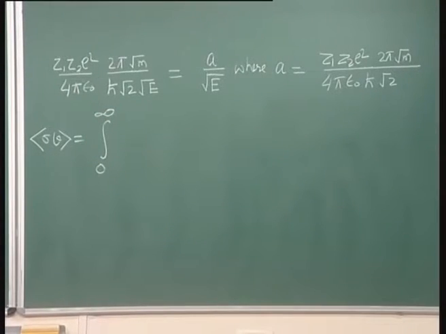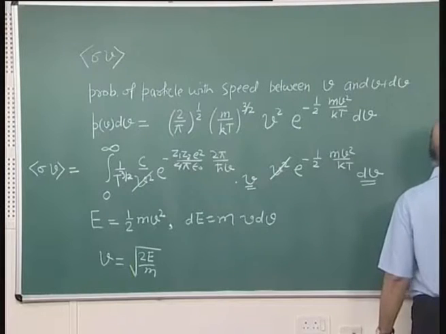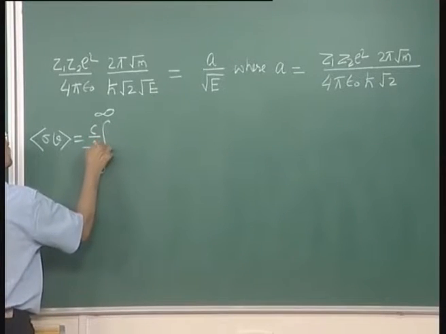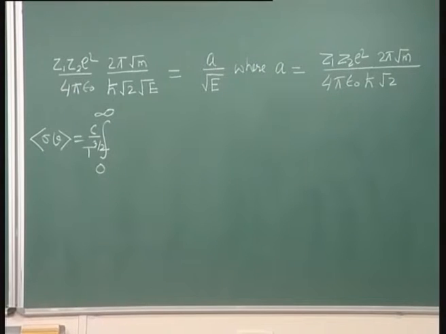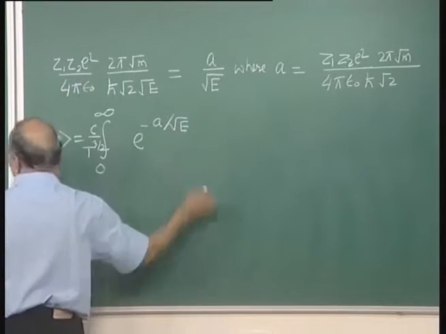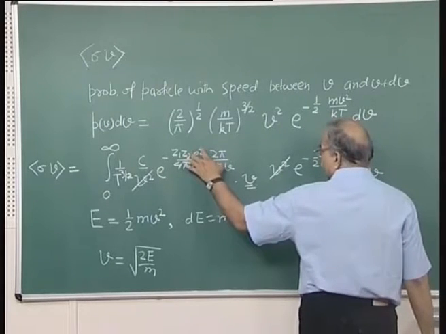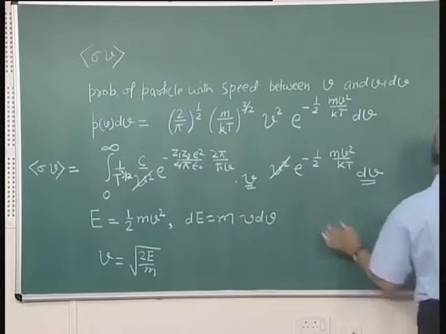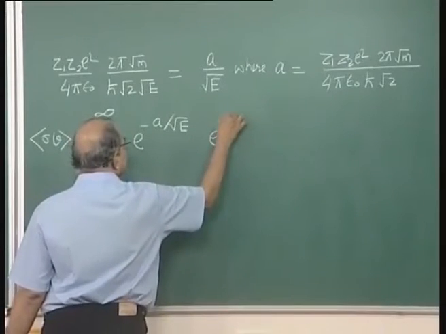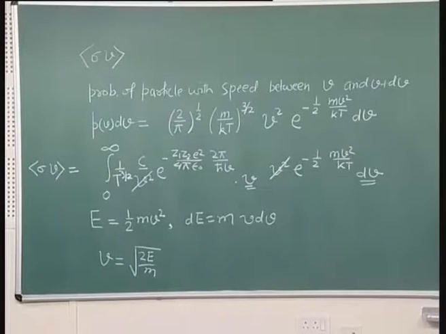Then you have 1 by t to the power 3 by 2 c. You can write it outside also, c divided by t 3 by 2. Temperature is the same for all pairs. So, then e to the power minus a by square root of E, that is here, and this whole thing is e to the power minus capital E by k t, and then v d v is just d E by m.